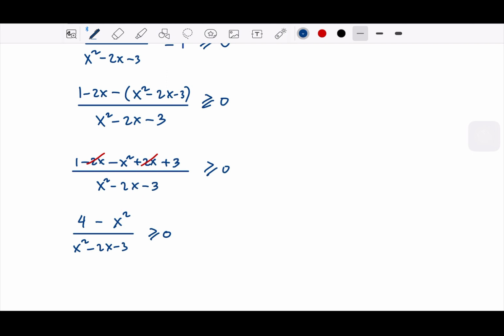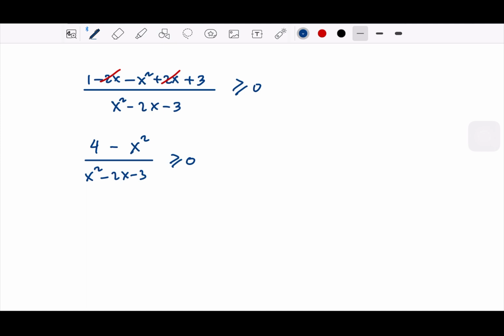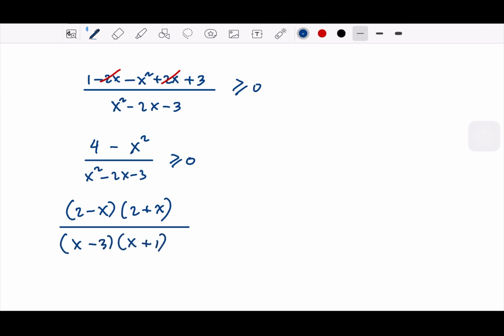Okay, and then we are going to factor. I think both of these equations can be factored out. So these will be the factors, and for the denominator I think this, right?